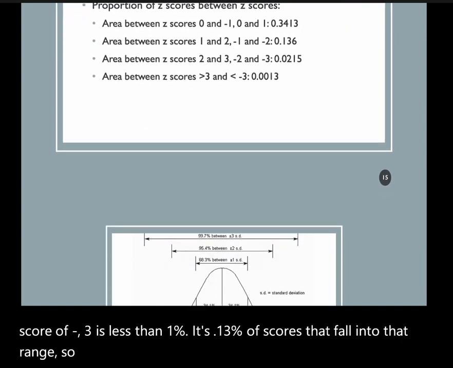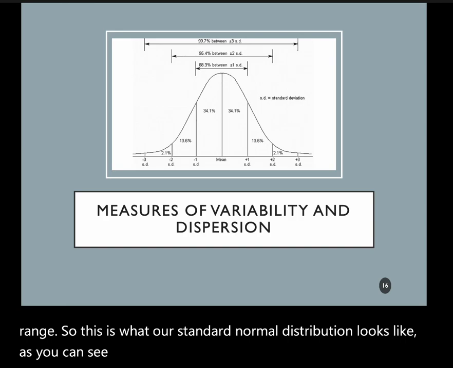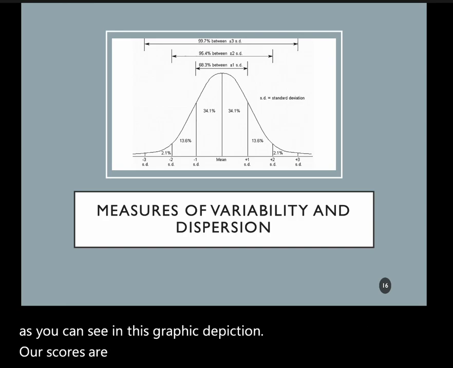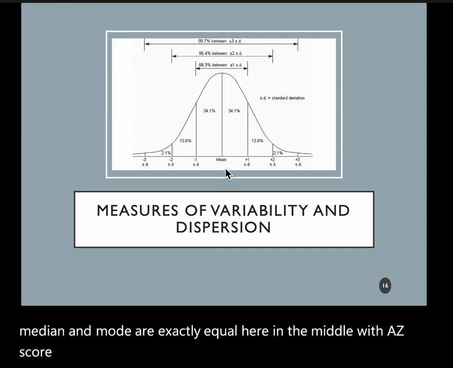So this is what our standard normal distribution looks like. As you can see in this graphic depiction, our scores are generally centered around our mean. And our mean, median, and mode are exactly equal here in the middle with a z-score of 0.